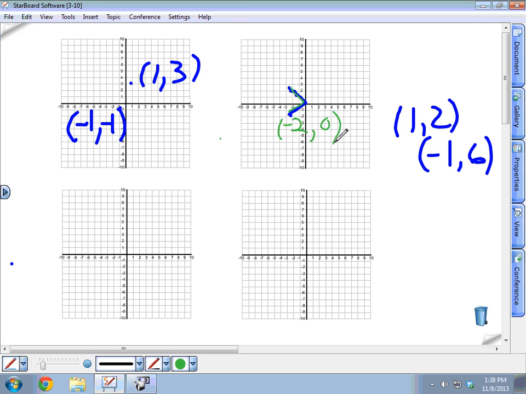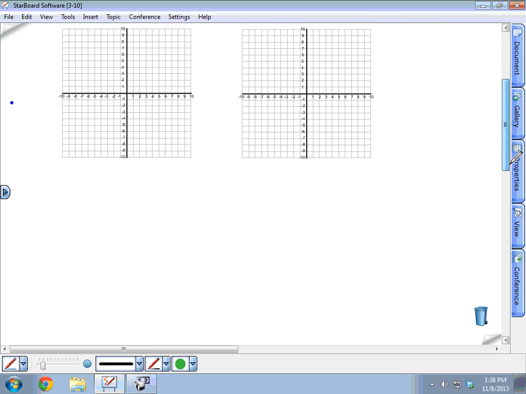Wait, so that'd be -2 and -2, right? I'm confused now. I'm saying if you look at all the points on this graph, all the x values are between -2 and 0. Isn't it negative 2?